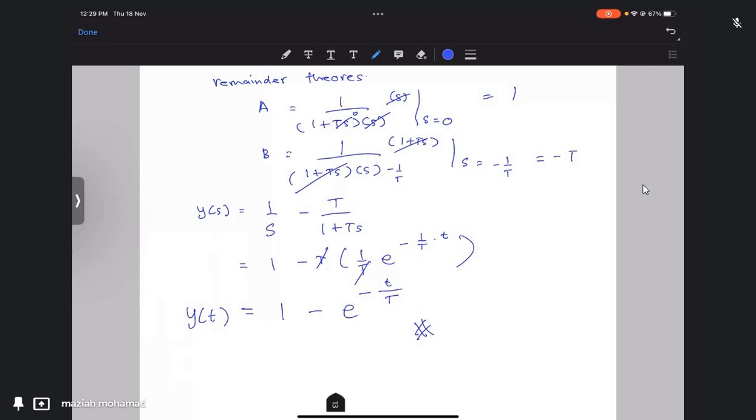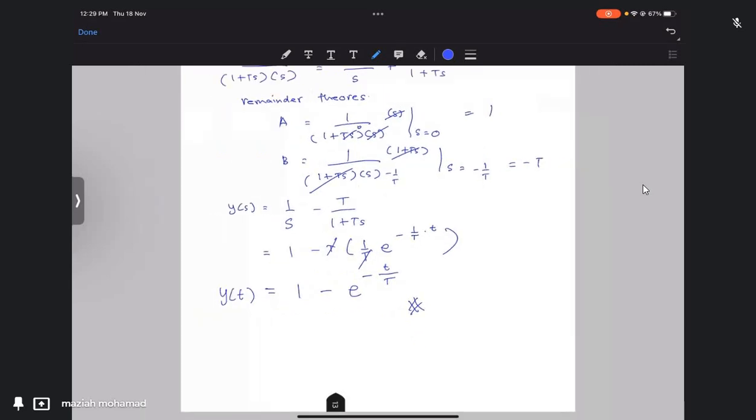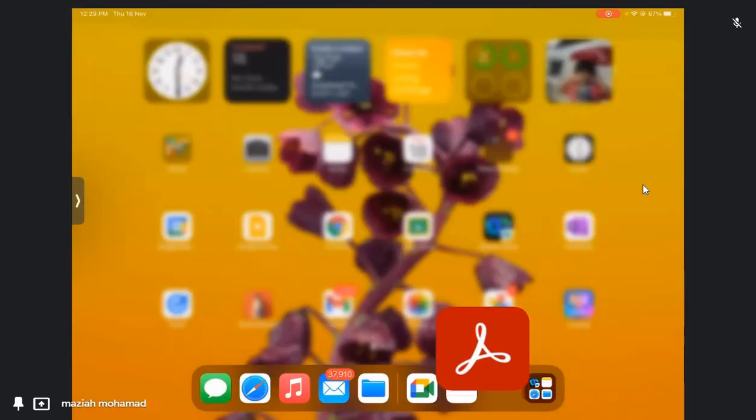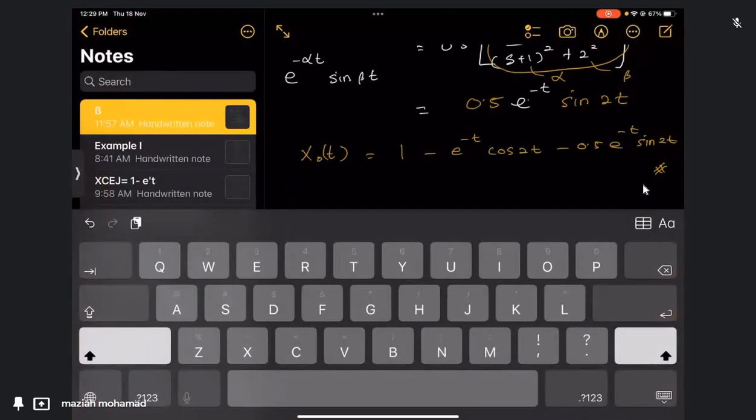All right, since this is the equation, let's draw it.